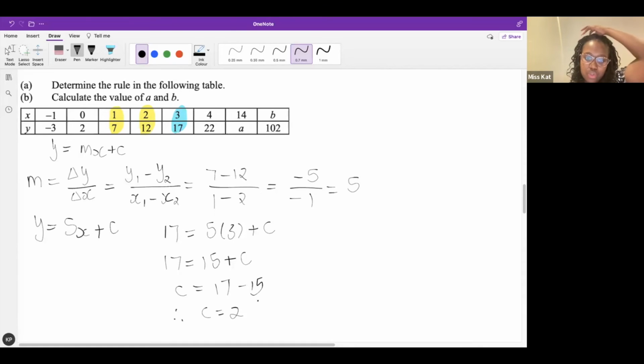Nice, c equals 2. So then my equation is y equals 5x plus 2.